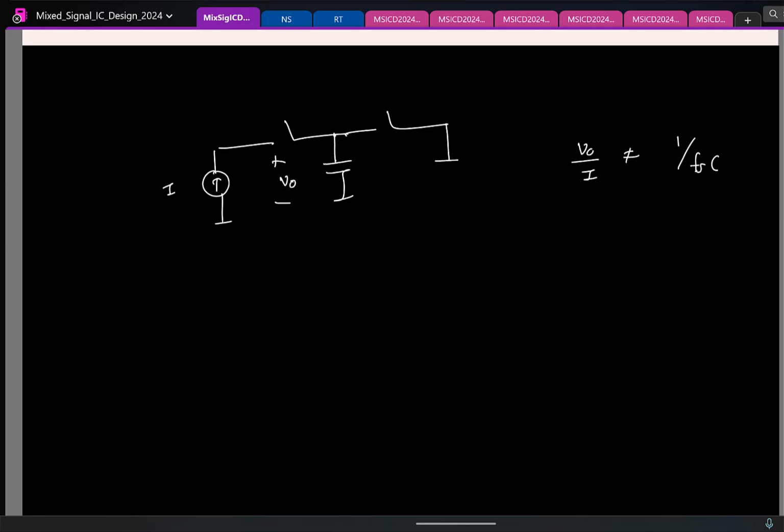So with LPTV networks, strictly speaking, we can define a matrix of admittance. That is, you can say that if I apply DC voltage, what is the DC current I get? What is the current I get at Fs, 2Fs, minus Fs, minus 2Fs, and so on.